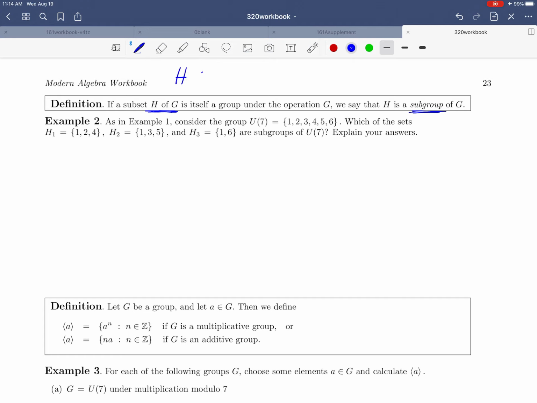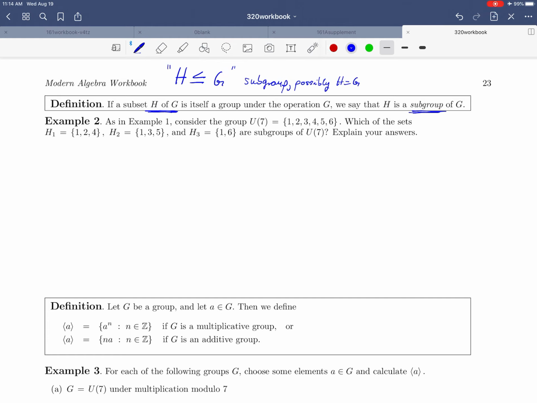So one is H less than or equal to G. And that means that H is a subgroup, possibly G itself. So G is its own subgroup. So possibly H is equal to G, so it's inclusive.